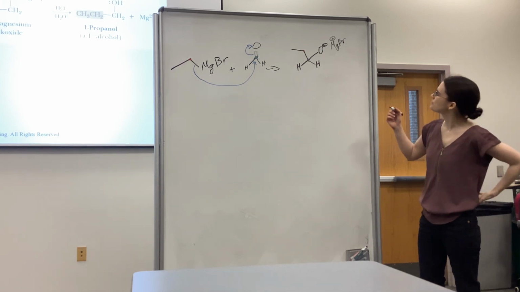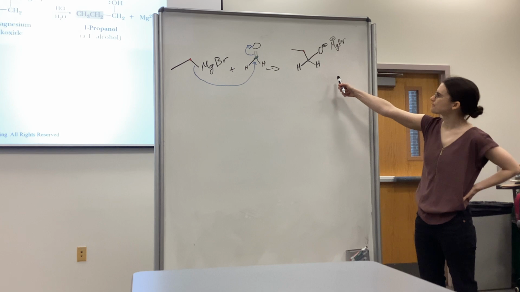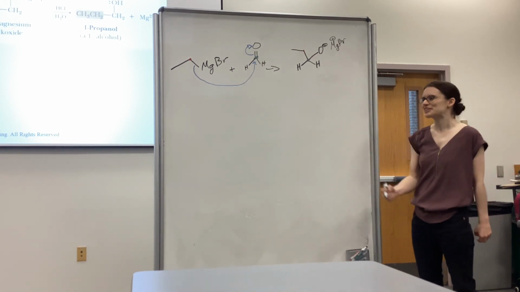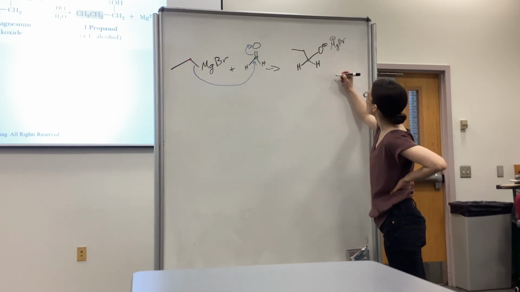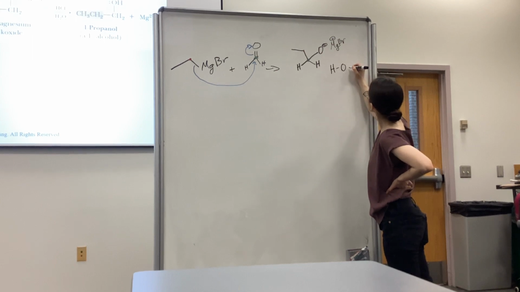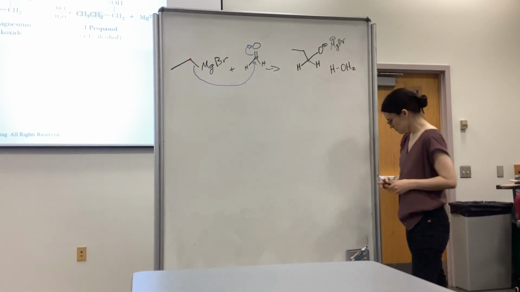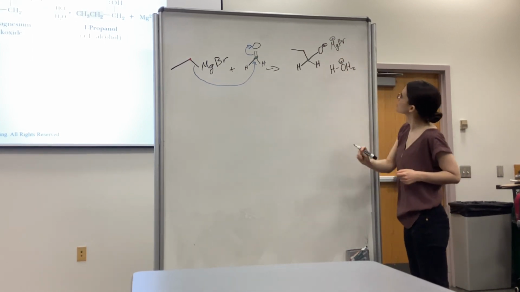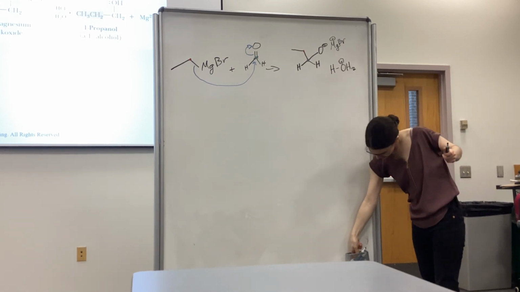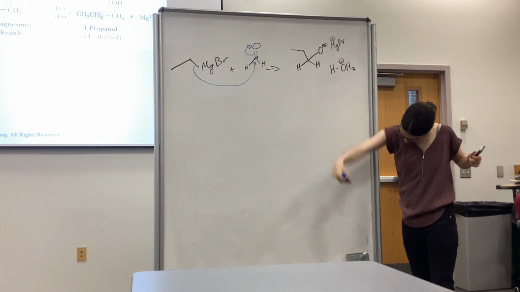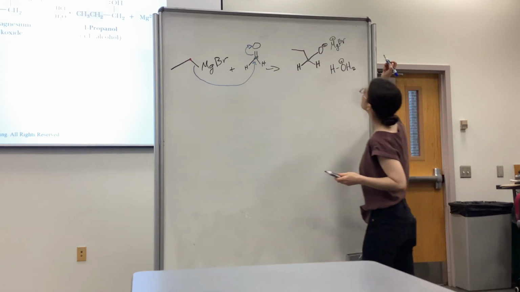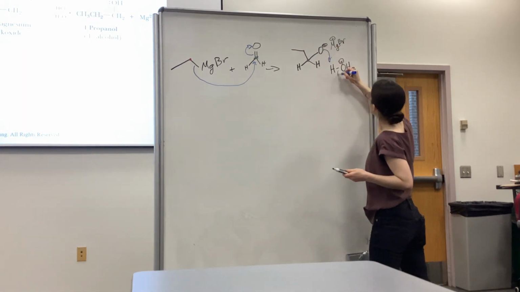And then, what's our next step? Oh, it's up there. Okay, fine. I'm over here trying to quiz you. All right, so then we're going to protonate this with acid, right? So I'm going to write H3O plus in my weird way so I can do arrows.